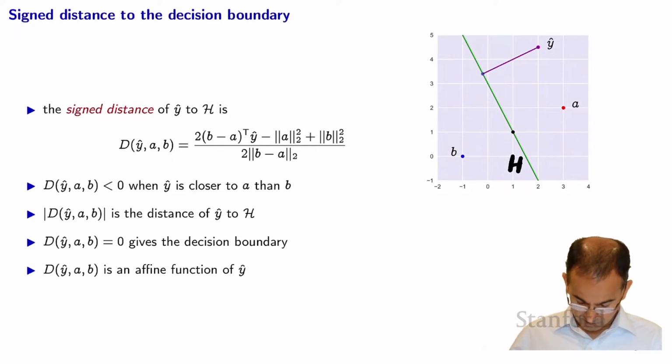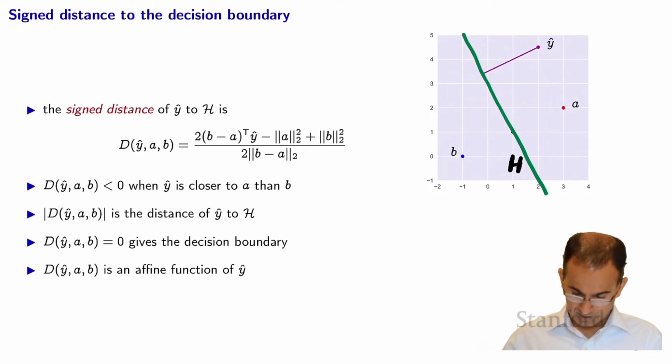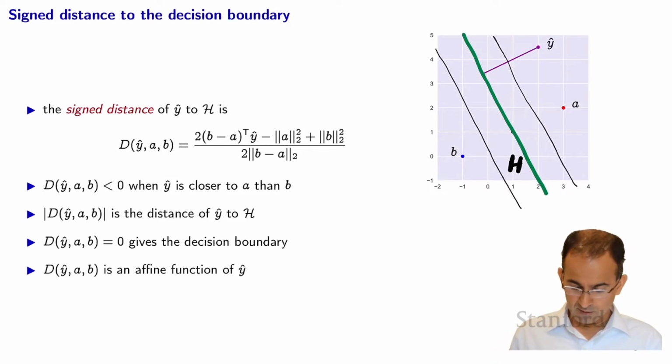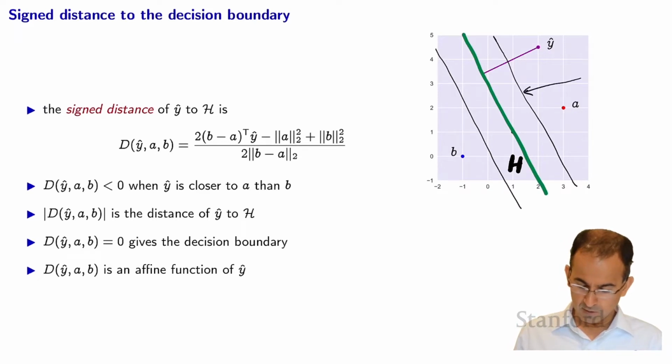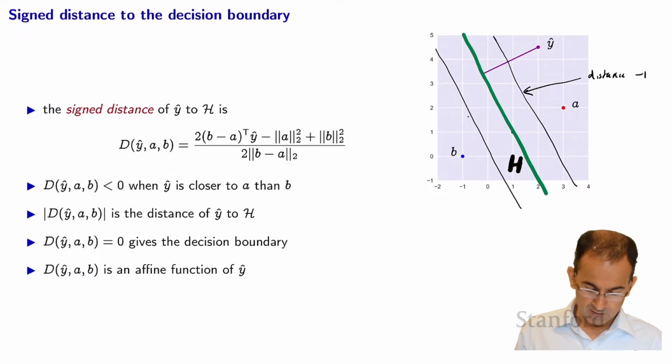It's this green hyperplane that's the perpendicular bisector between A and B. And we're going to measure the distance from H. And so I'm going to have some points on this side and some points on this side. And these points we're going to say are distance minus 1 from the hyperplane H. And these points we'll say are distance 1.